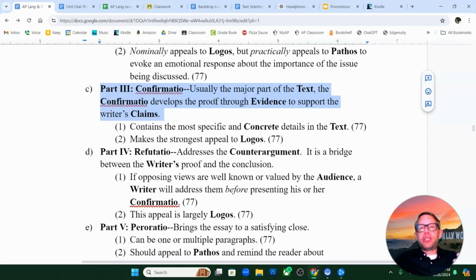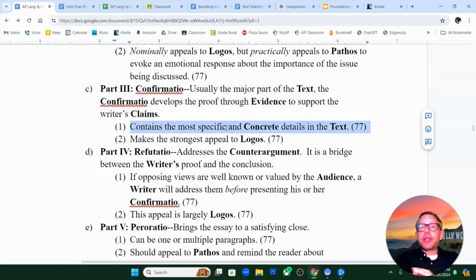So now we start to delve into all of those arguments, all of those details that you've been wanting to share with people. Not necessarily background information, but other evidence that you can use to supply the audience with reasons to believe what you're trying to convince them of, okay? This is where it's going to contain the most specific and concrete details in the entirety of the text, whatever that text may happen to be.